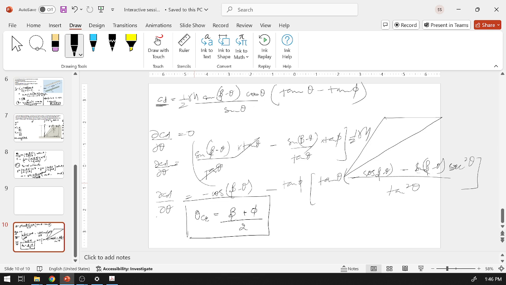and when we substitute this, we get gamma h by 4, 1 minus cos of beta minus phi over sine of beta cos of phi.